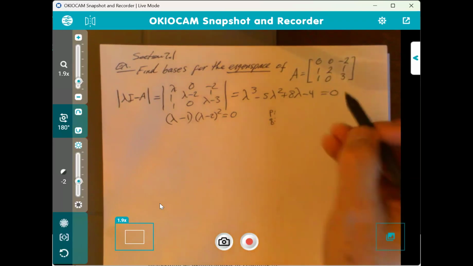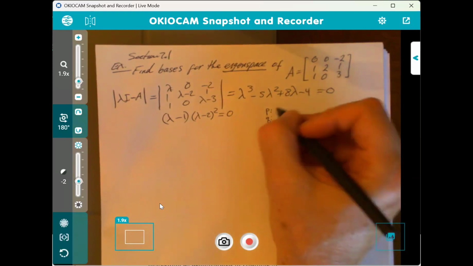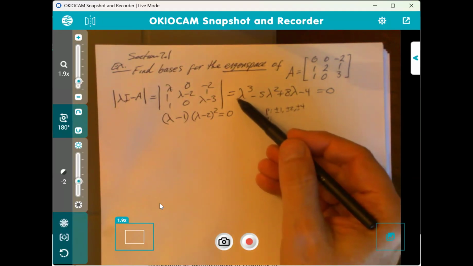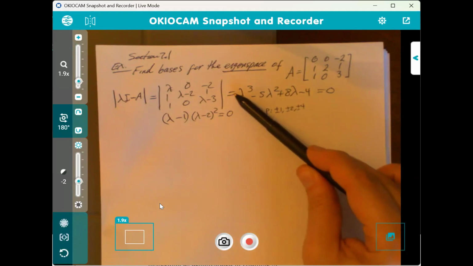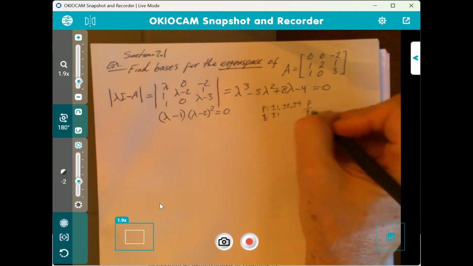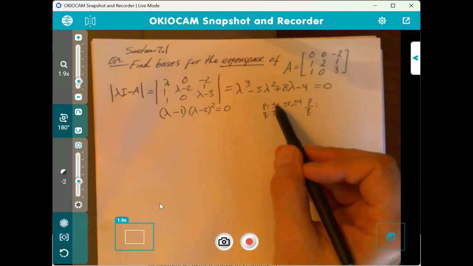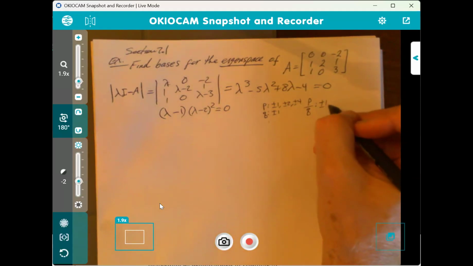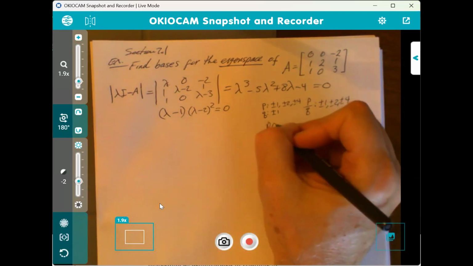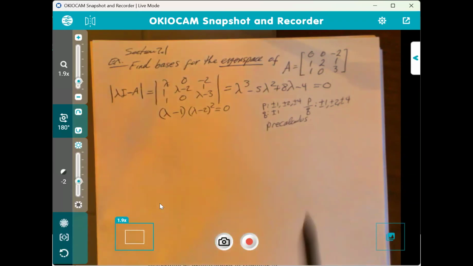If p and q are all rational factors of the constant, plus minus 2, plus minus 4, q all factors of the leading coefficient, in this case just 1, then rational solutions to this equation would be in the form of p over q, which makes it just plus minus 1, plus minus 2, plus minus 4. This is from pre-calculus, by the way.